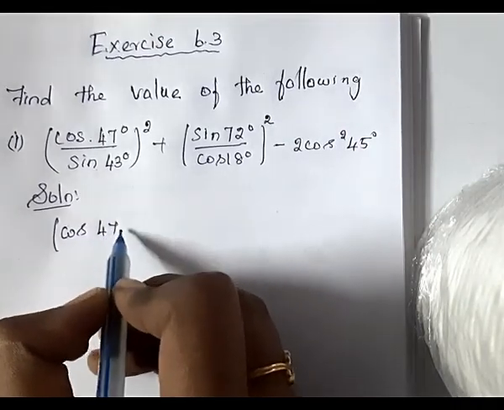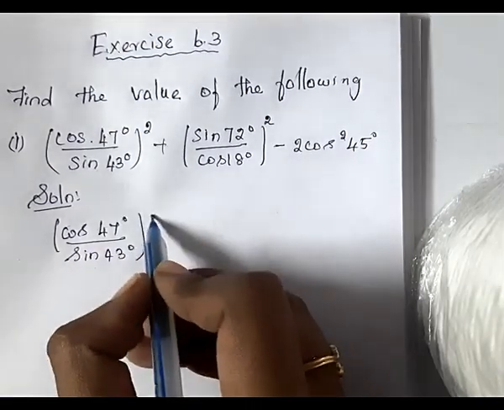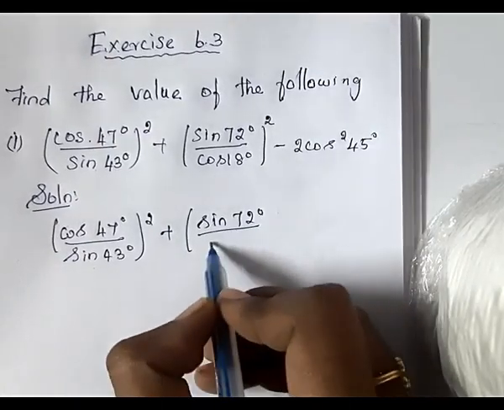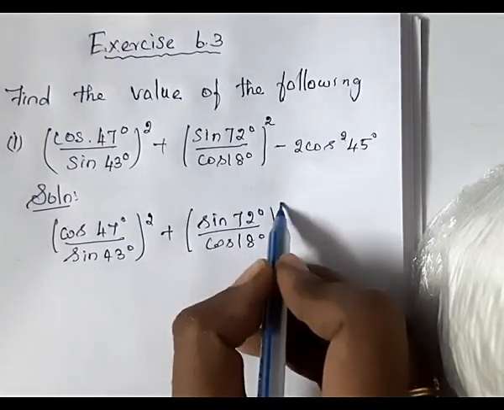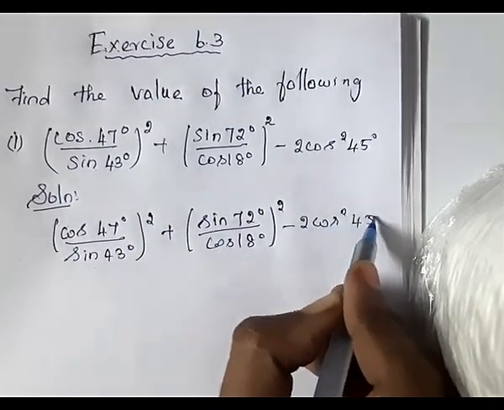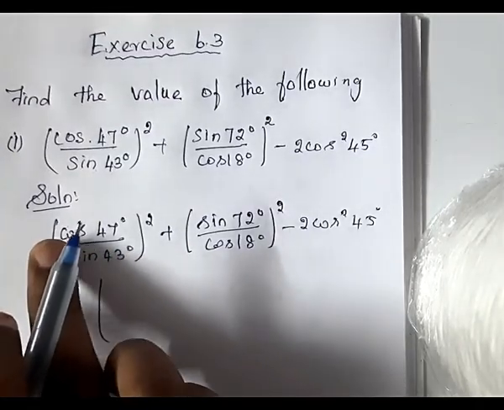Cos 47 degree by sin 43 degree the whole square plus sin 72 degree by cos 18 degree the whole square minus 2 cos square 45 degree is equal to, I am going to apply the formula in the numerator.